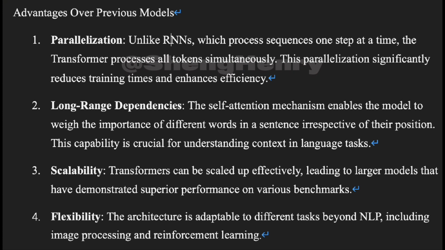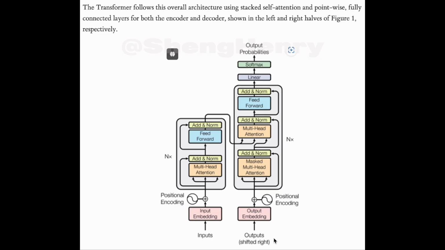The third one is scalability. Transformers can be scaled up effectively, leading to larger models that have demonstrated superior performance on various benchmarks. The last one is flexibility. The architecture is adapted to different tasks beyond NLP, including image processing and reinforcement learning.